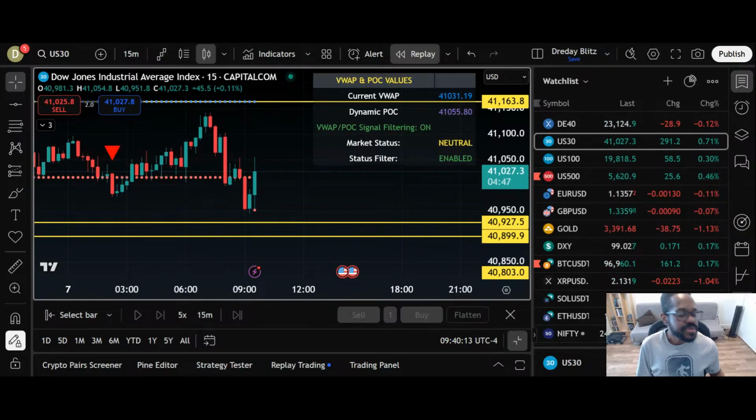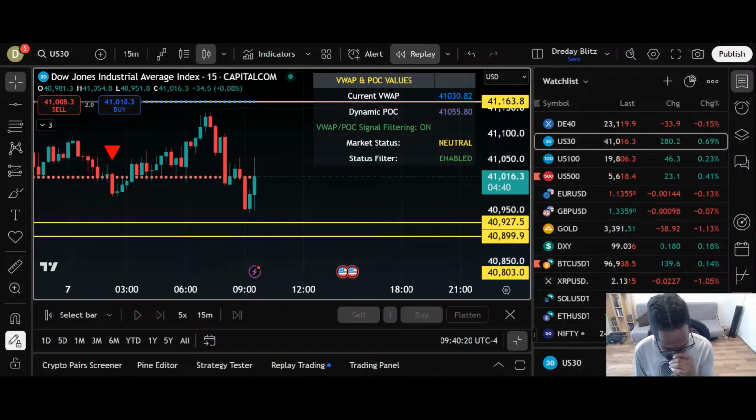All right, so less than 5 minutes before the next 15-minute candle.